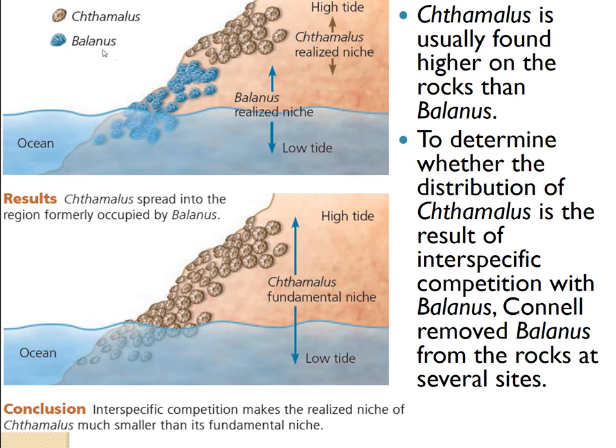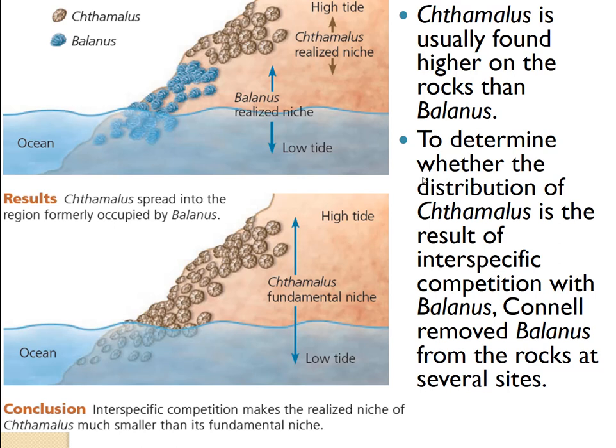Species number 2 is Balanus, which usually occupies the low tide area, the lower rocks. When the water recedes, Balanus likes to stay in the area that is more exposed, and Tamalus stays in the area where the tide is high, on top of the rocks. So this is the realized niche of Tamalus, and this is the realized niche of Balanus. As you can see from here, Tamalus is usually found higher on the rocks than Balanus.